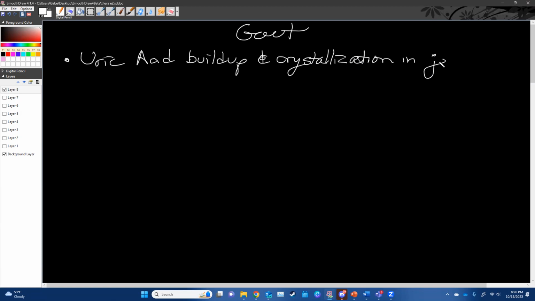So things like in the toes, in the joints of the toes, joints of the knees, everywhere where you do not want it. There we go. So gout is the uric acid buildup and crystallization in the joints.